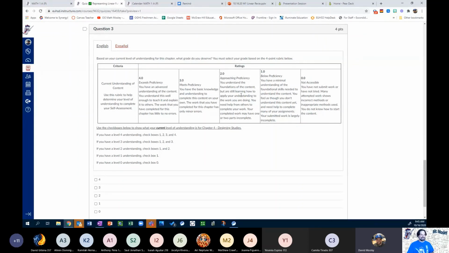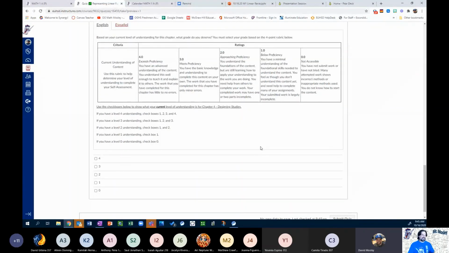A 2, you kind of get the foundations, but you're still struggling with how to apply it. A 1 is you really need someone to walk you through it every step of the way. A 0 is you didn't do anything. Really, the only way to get a 0 is to not do anything.